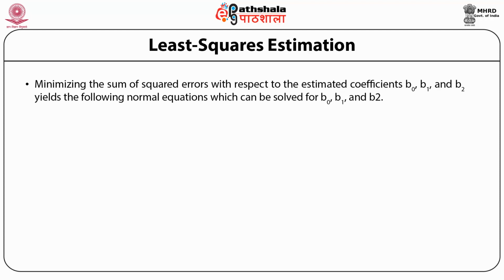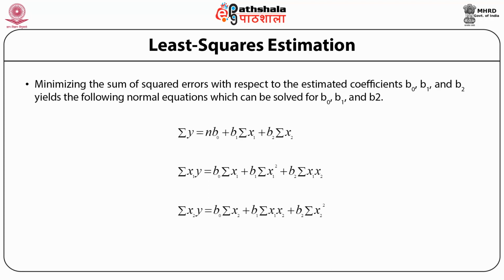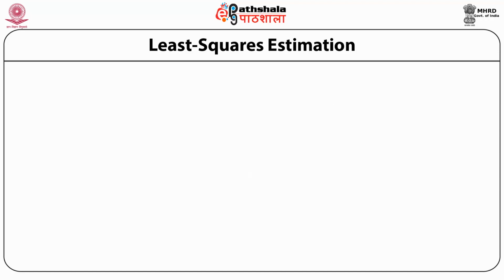So obviously we need three normal equations to find the values of these constants. The method of least squares suggests the following three normal equations to find the values of the three unknowns, and we can find the values of b0, b1 and b2, and after that the corresponding values of beta 0, beta 1 and beta 2.